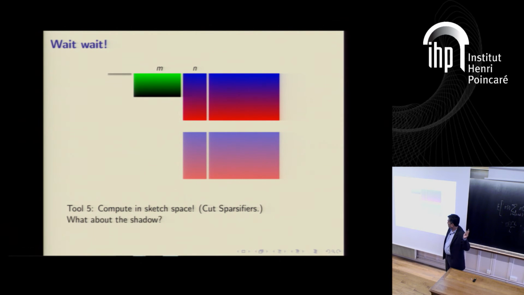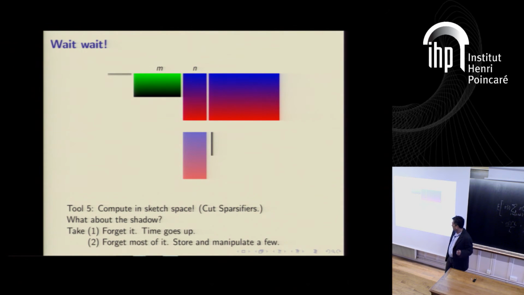You still should have the following question: how do I solve the shadow matrix? And this is where it becomes more interesting. There are 2 ways you can do it. One is just forget the shadow matrix, solve one constraint at a time. That was similar to the ellipsoid. You will pay in the running time, but your space would be smaller.